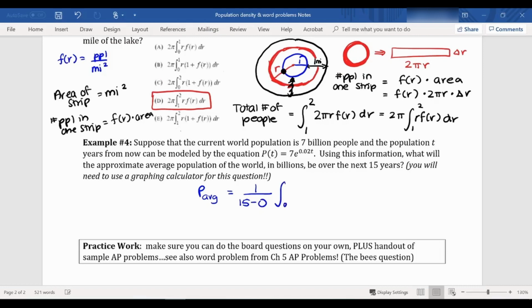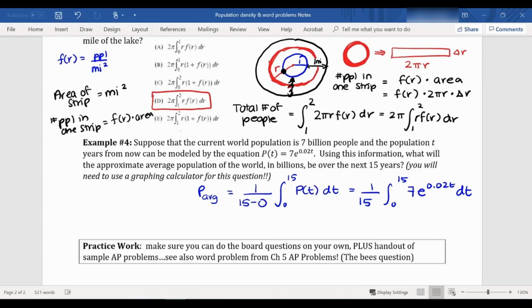And then our integral would be from 0 to 15 of p of t dt. This gives us 1 over 15 times the integral from 0 to 15 of 7e to the 0.02t dt. We could try to do this using the chain rule in our head, but you can also use your graphing calculator.